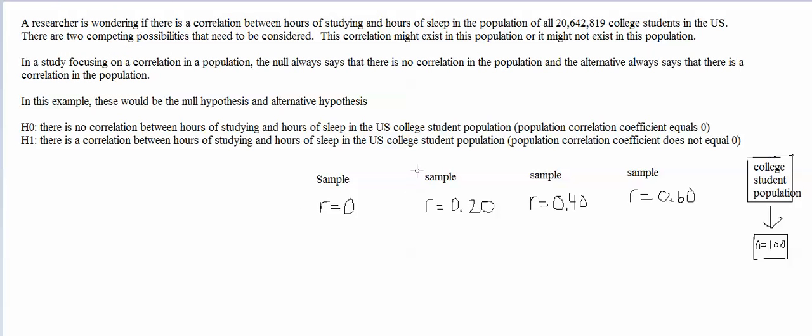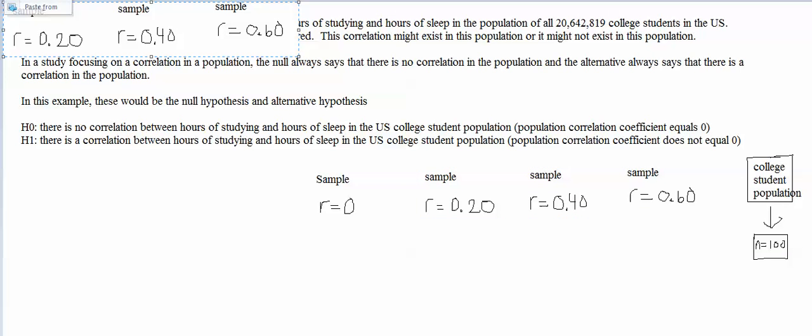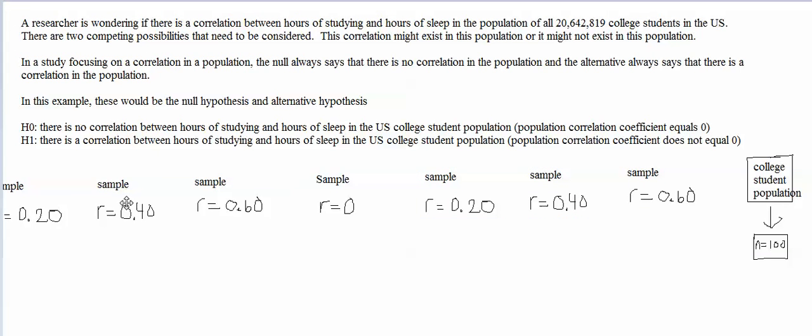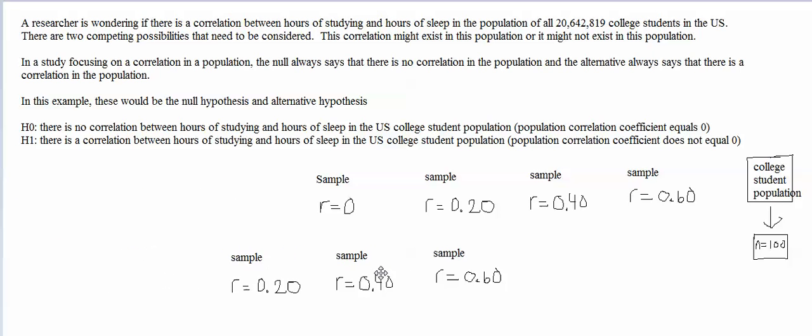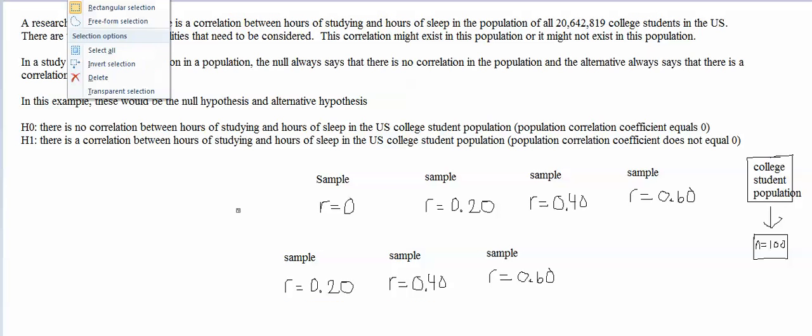Let's also look at the same correlations, but now they are negative correlations. Remember that negative 0.20 is the same strength as positive 0.20, because the strength is the distance from 0.